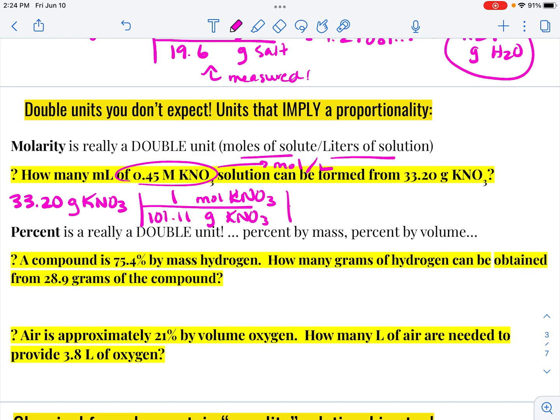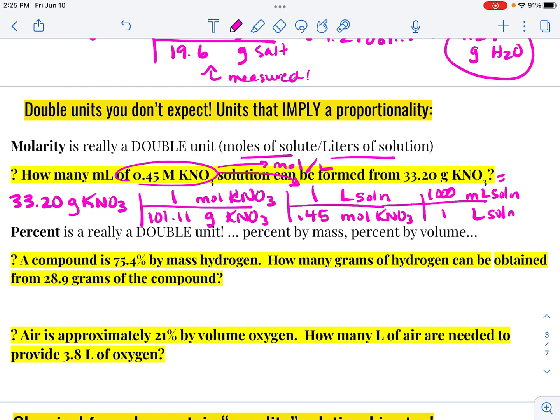And then from my molarity, I'm going to go from moles of KNO3 to liters of solution. And this is going to be the molarity, which is 0.45 moles in 1 liter. And then I asked you for milliliters, so we have to go from liters of solution to milliliters of solution. And that would be your metric equality of 1 liter is 1,000 milliliters.